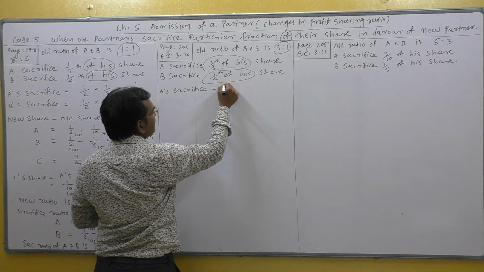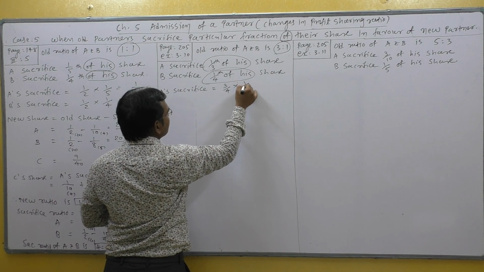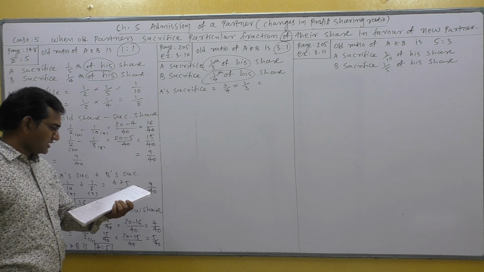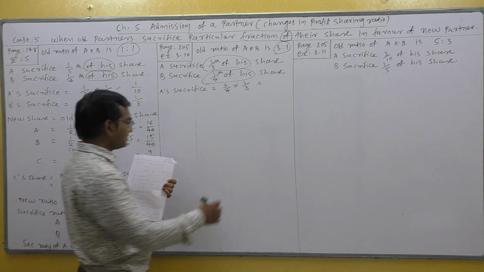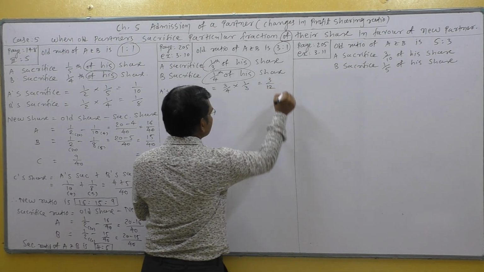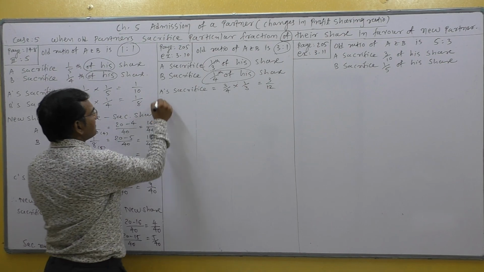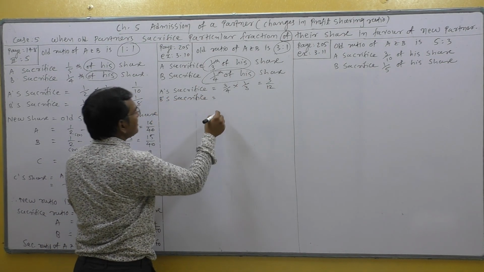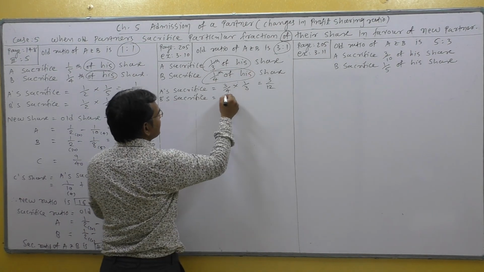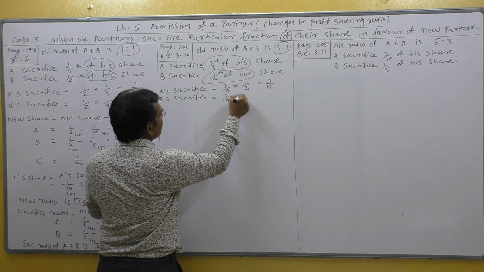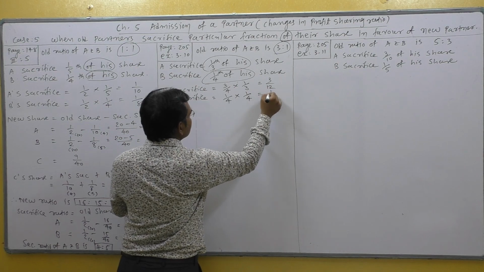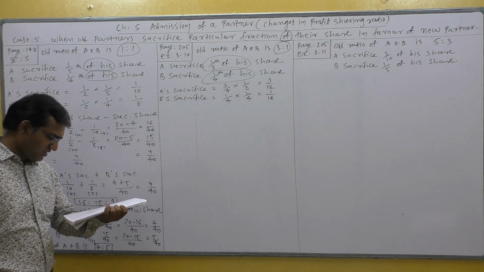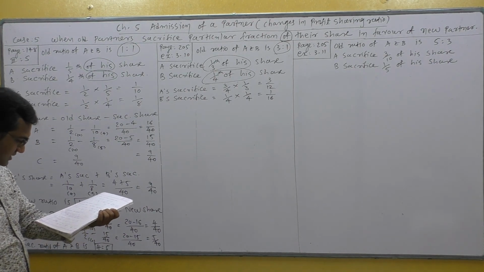His share is 3 by 4 into 1/3. So A's sacrifice 3 by 4 into 1/3 is equal to 3 by 12. Same thing B's sacrifice. B's sacrifice is equal to 1/4 of his share, and his share is 1/4 into 1/4 is equal to 1 by 16. Student, this is the sacrifice 1 by 16.